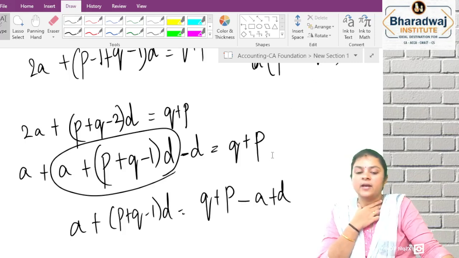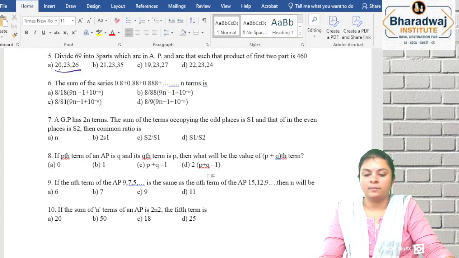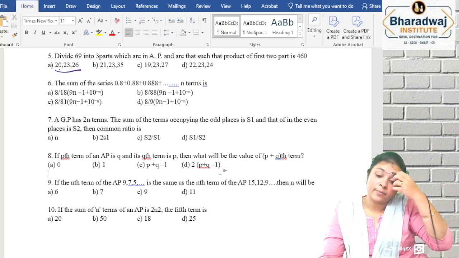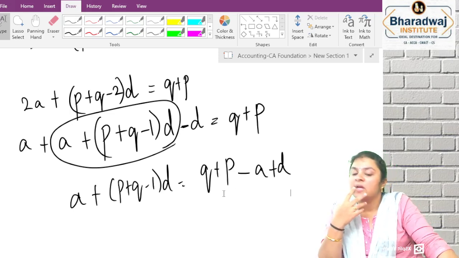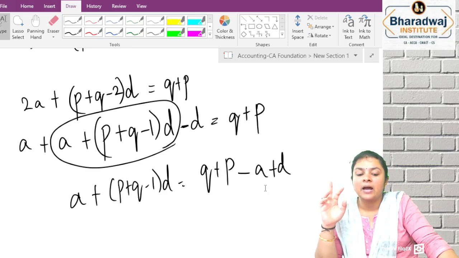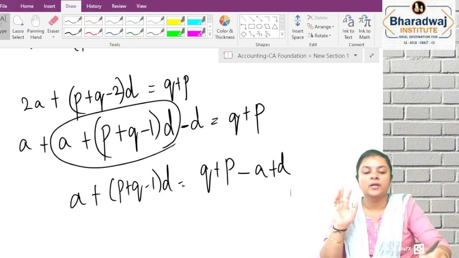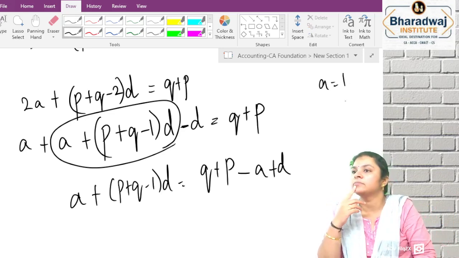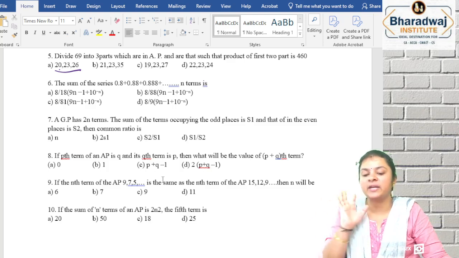It comes to the other side: minus A plus D. Now the next step is either you simplify, expand and solve, or you can just assume A is equal to 1. If you put A equal to 1, what will come? Q plus P minus 1 plus D. See where Q plus P minus 1 is in the question.